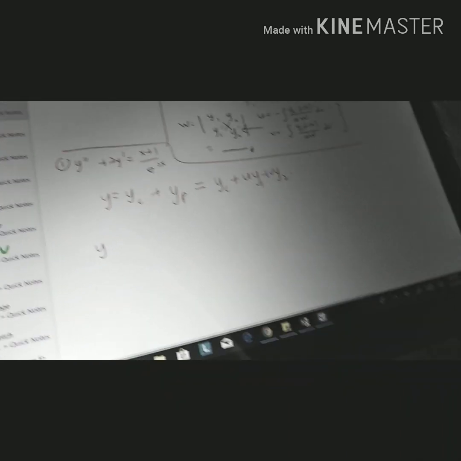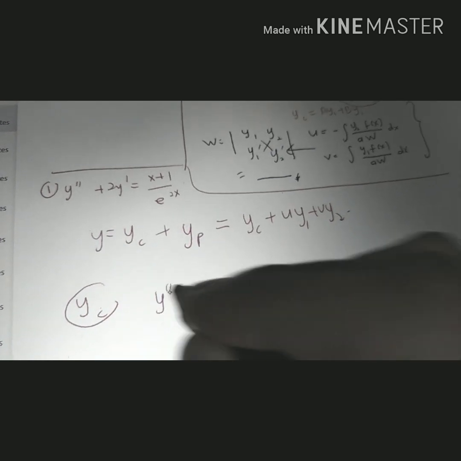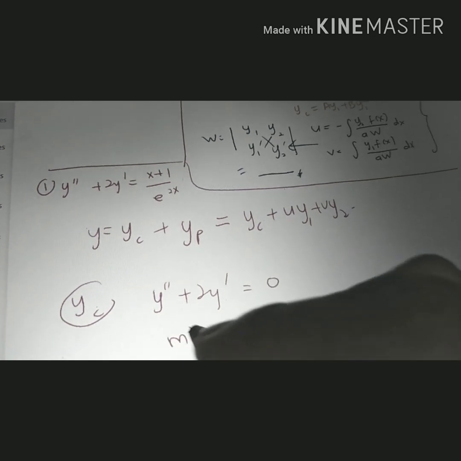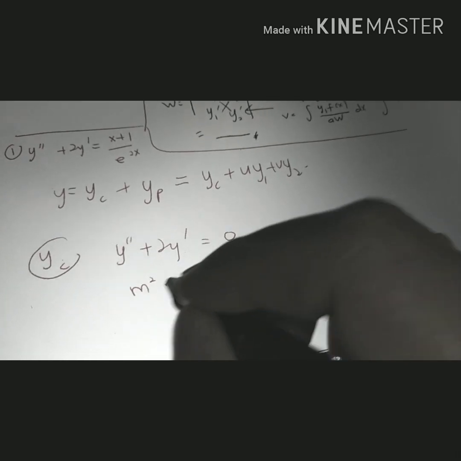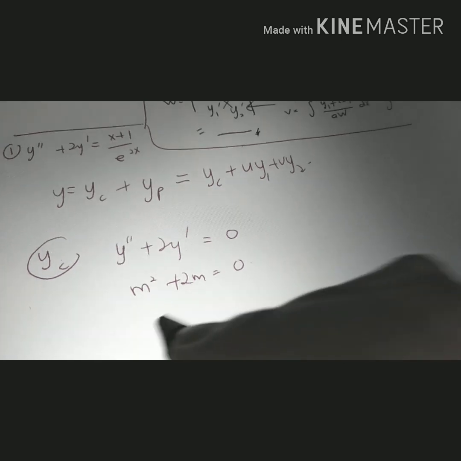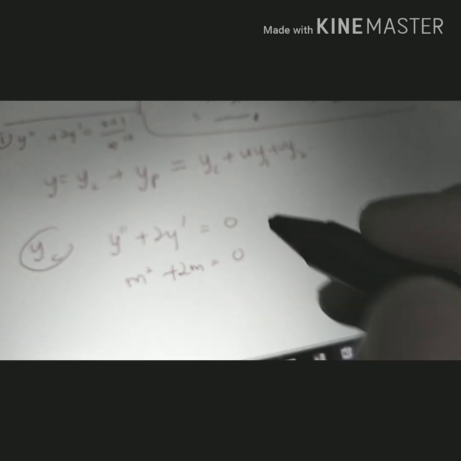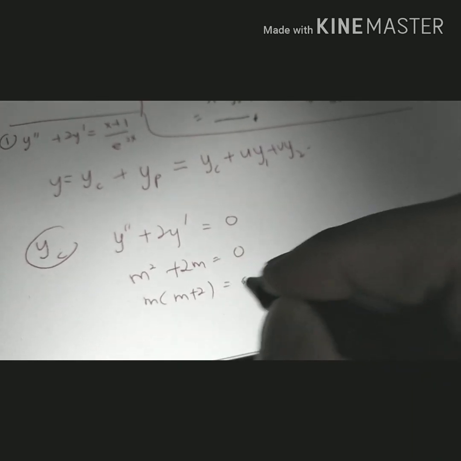First of all, find yc first by equating your f(x) to 0. So we have y double prime plus 2y prime equals 0. Transform this equation into the form of a characteristic equation. So you have m squared plus 2m equals 0, then only you can find the roots. So m(m plus 2) equals 0.